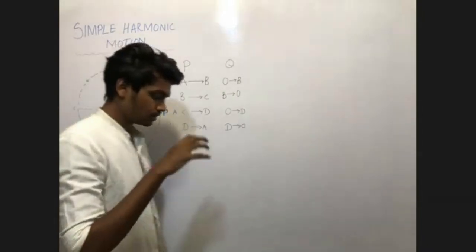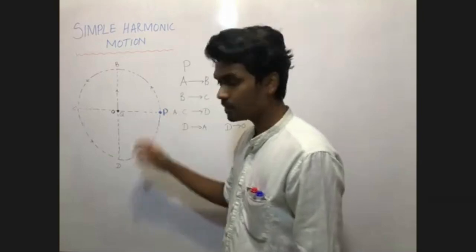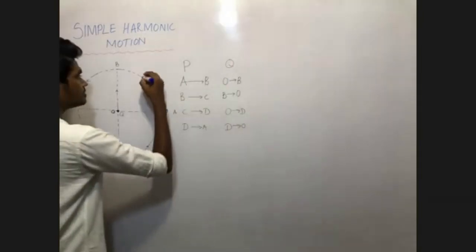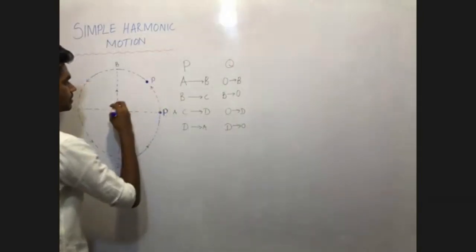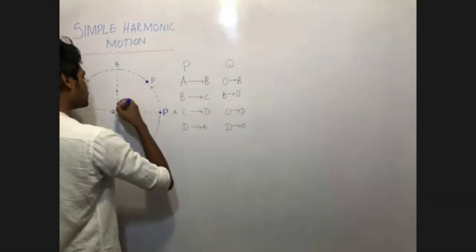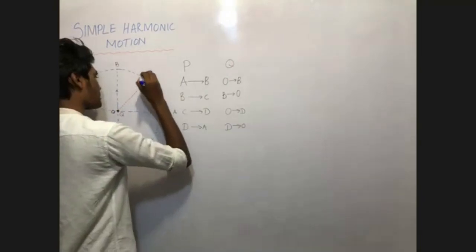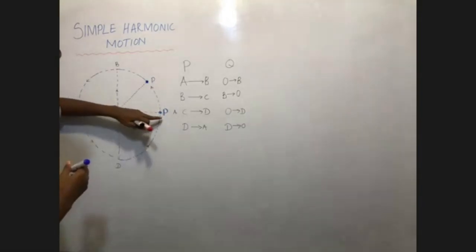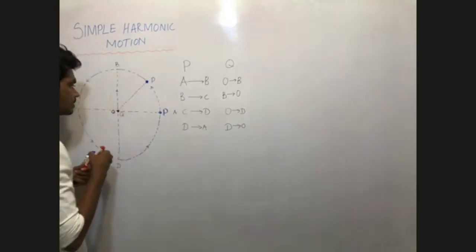So now let us consider a situation where P is somewhere here. From here it has moved to this point. So P moving from here to here means it has covered what?